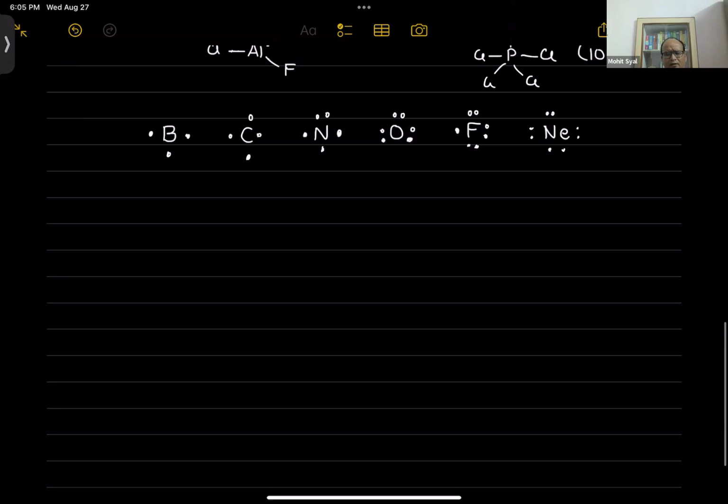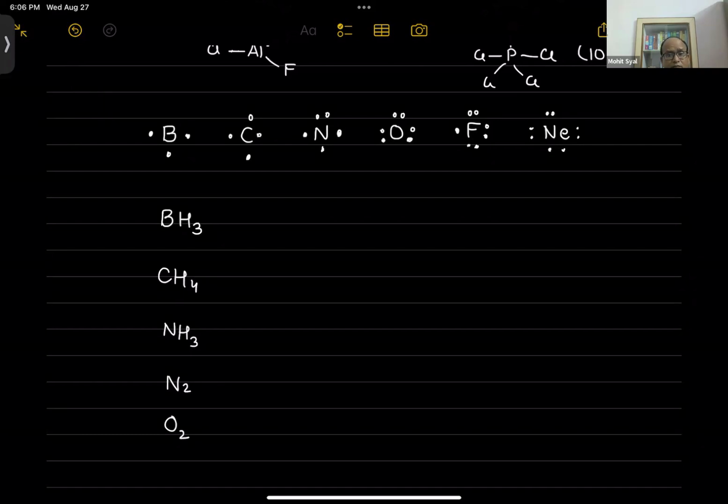So let's draw the Lewis dot structures of some common molecules: BH3, CH4, which you know already, NH3, N2, O2.